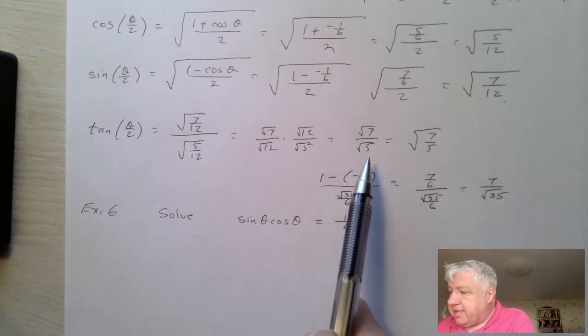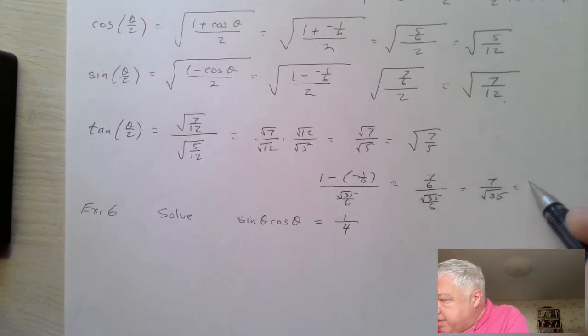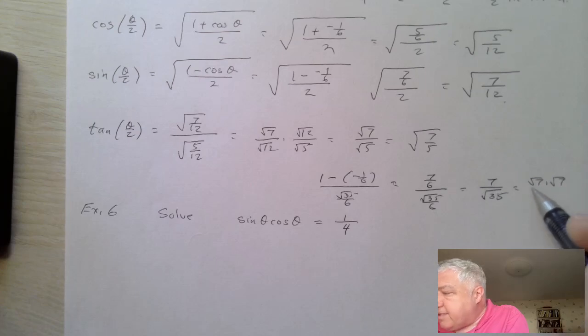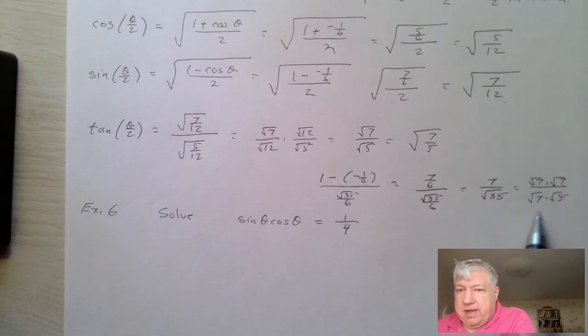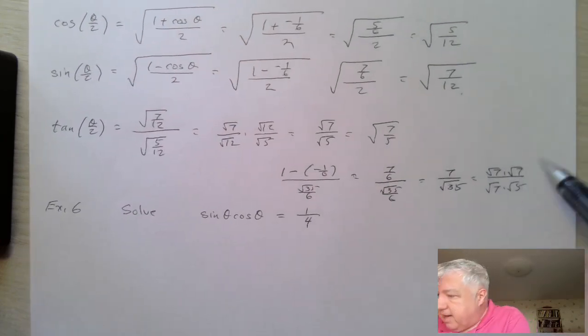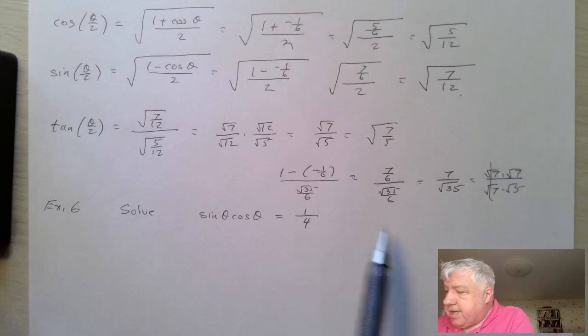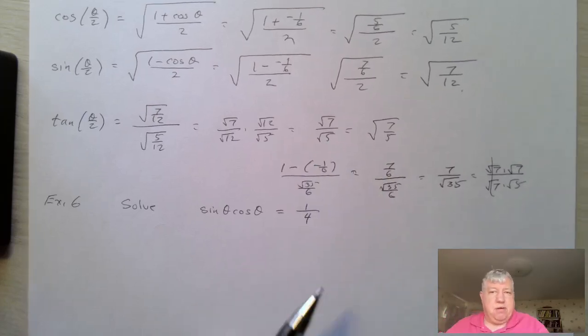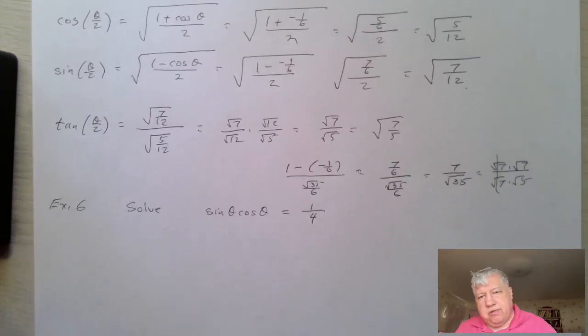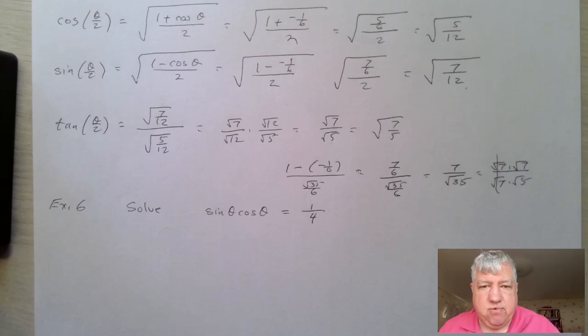Well, it looks like it's different, but actually 7 can be written as the square root of 7 times itself, and the square root of 35 can be written as the square root of 7 times the square root of 5, and the square roots of 7 cancel out, so we get the same thing here. So you can use the formula, but you'll just get a different form. Still the right answer.